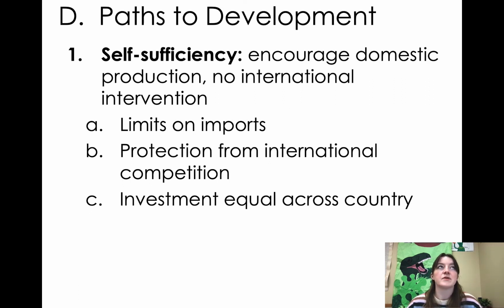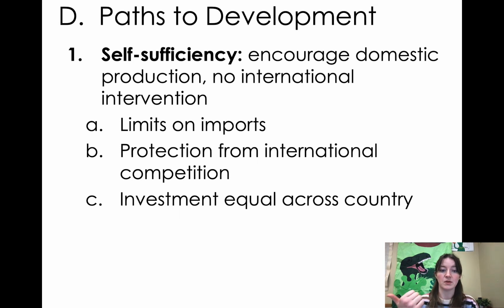Okay. So how does a country become more developed? Well, there's a few ways. The first one is self-sufficiency. So we would encourage domestic production within the country. Remember, domestic means at home, with no international intervention. So a country is doing everything for itself. It is not importing, it's not exporting, everything is for itself.